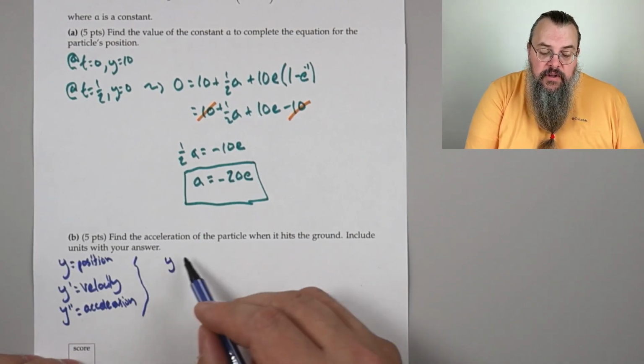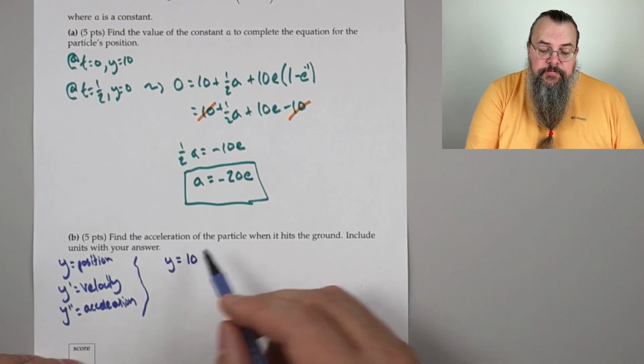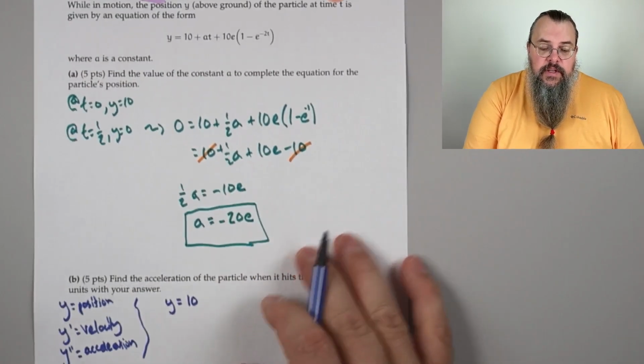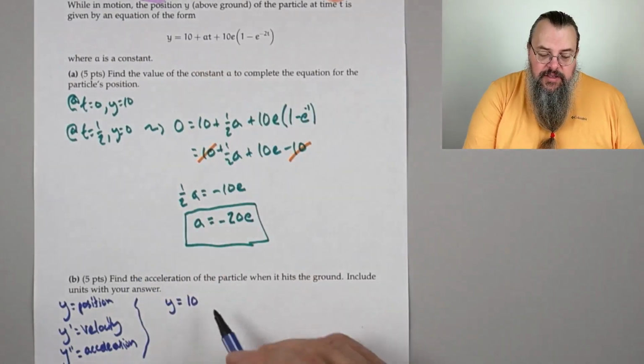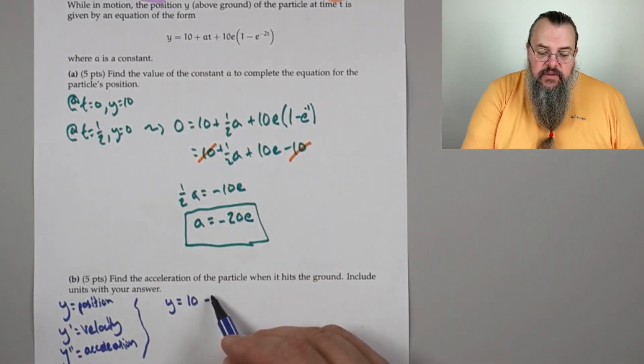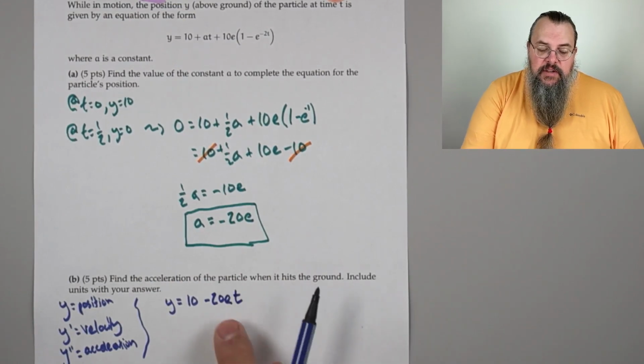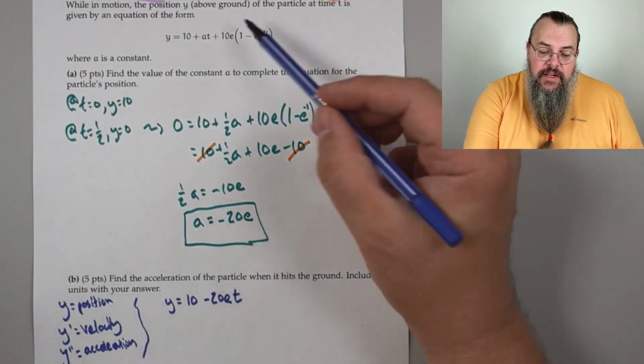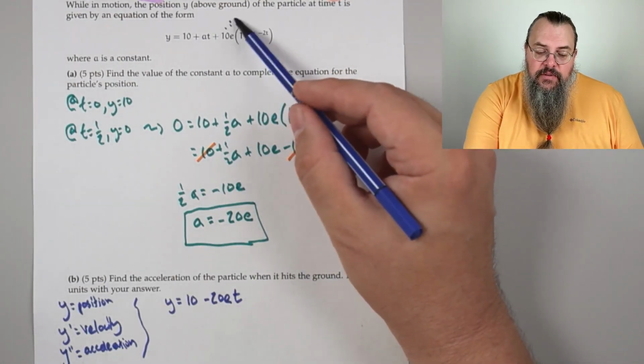We'll remind ourselves. So y is 10, and then we have this a. You can't see it here, so I'll pull it down. So 10, and then minus 20e times t. Now this is e times t, not e to the t. That's going to be important. Let's go ahead and multiply this through.